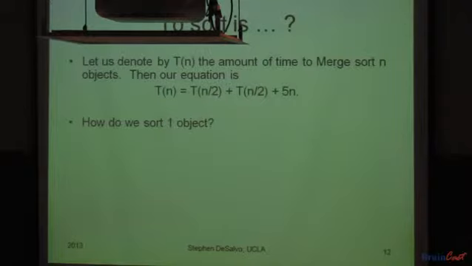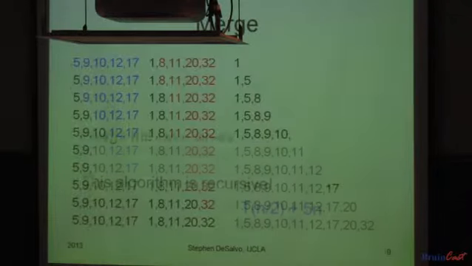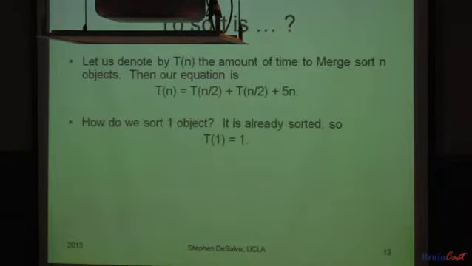Now, how do you sort one object? You check the size of the list. If the list is of size 1, what do you do? You just return it because it's already sorted.